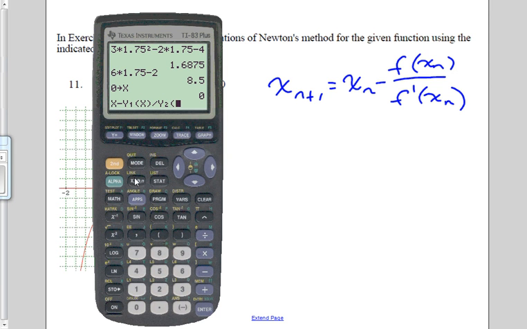This is going to calculate my next 0 using the equation that finds the zeros of my linear approximation.